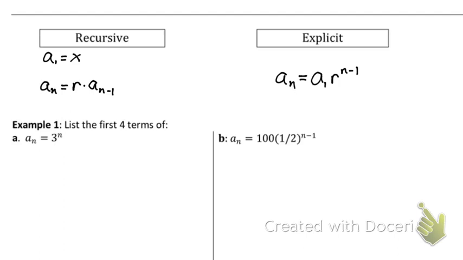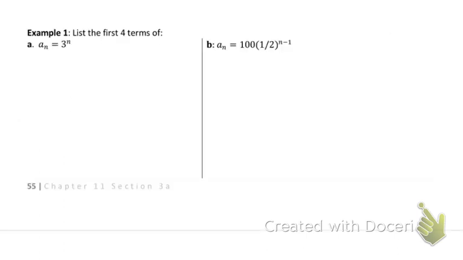All right, let's do an example of listing your first 4 terms. Now, right here, I know it is geometric. Anything with to the power, like to the power of n, means it's going to be geometric. So our first 4 terms of a sub n equals 3 to the n would be a sub 1 equals 3 to the first, which just equals 3. My second term would be 3 squared, which would be 9.